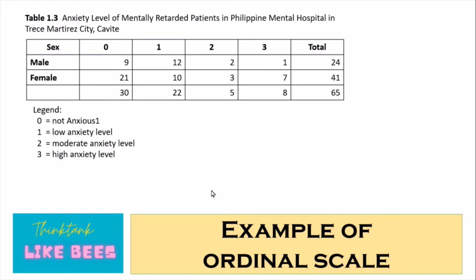Table 1-3 is all about ordinal scale. Here it says about the anxiety level of mentally retarded patients in Philippine Mental Hospital in Trece Martires, Cavite. So 0 means not anxious, 1 means low anxiety level, 2 means moderate anxiety level, and 3 means high anxiety level.